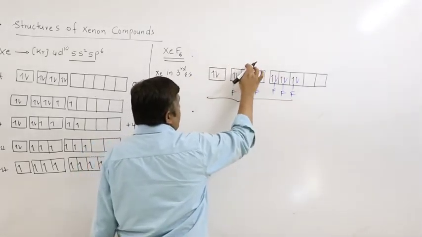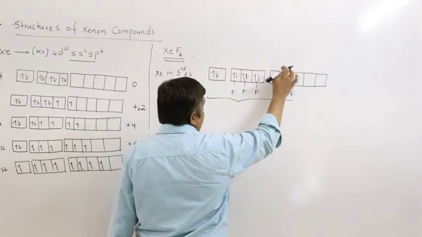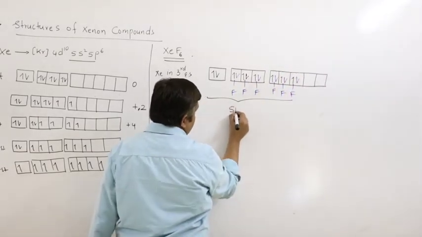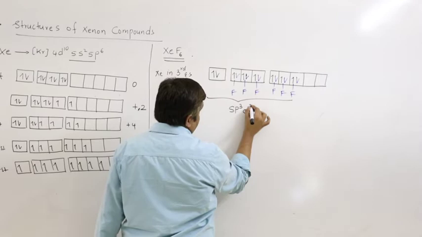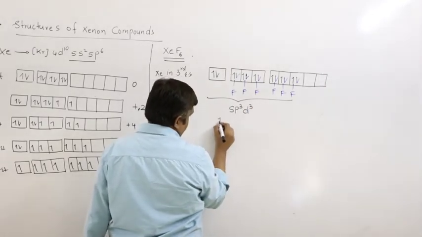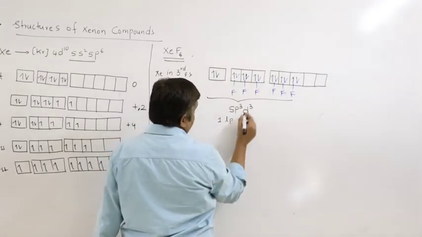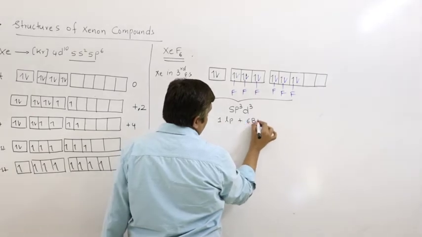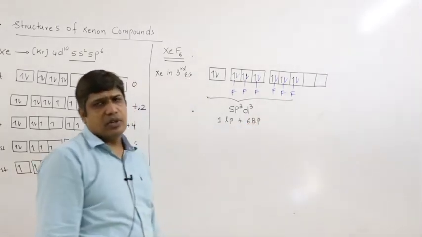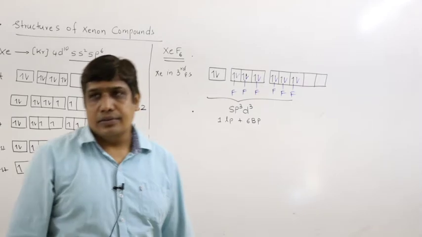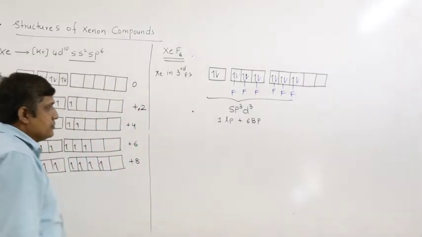s, p, p, p, Px, Py, Pz, d orbitals. So the hybridization is sp3d3 with one lone pair and 6 bond pairs. All the bond pairs are sigma bonds because fluorine only forms one bond. Right.